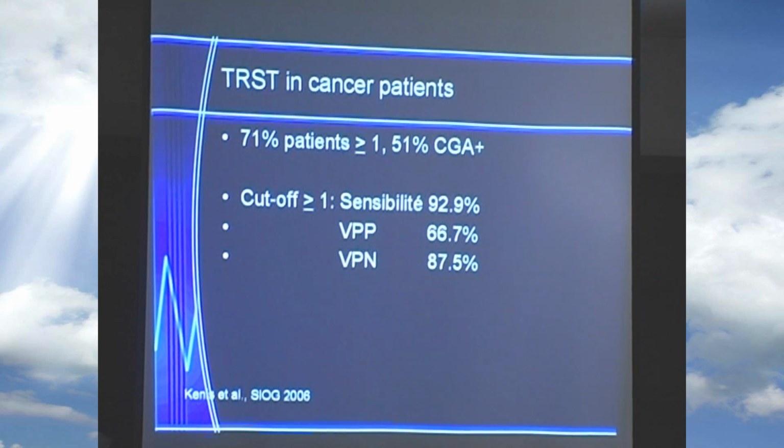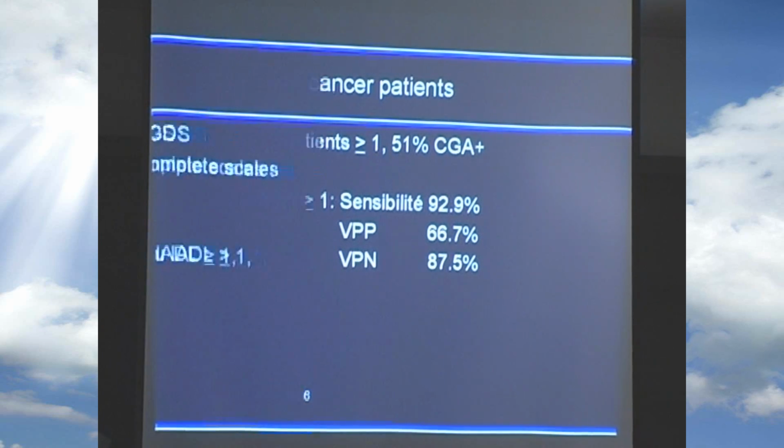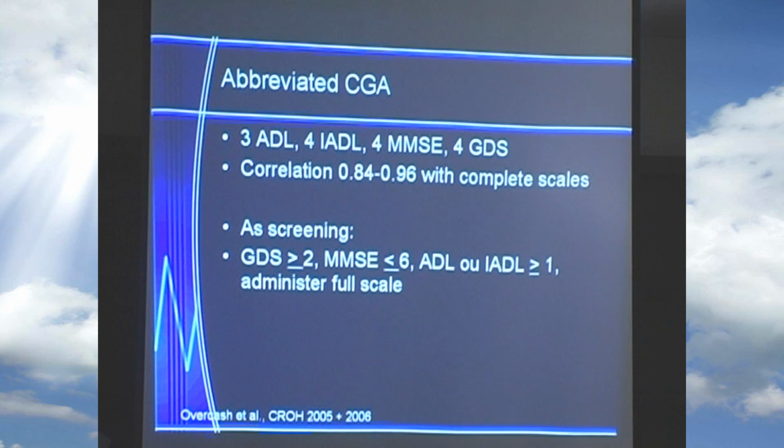So, you know, if you're thinking screening, a negative predictive value of 87 is not too bad. Of course, you have 100%, but if you want a quick test, that might be used. Okay. What else?